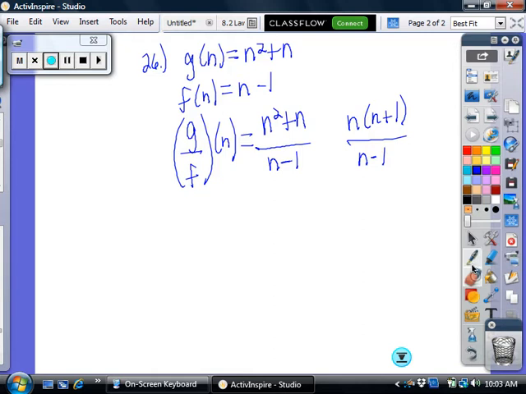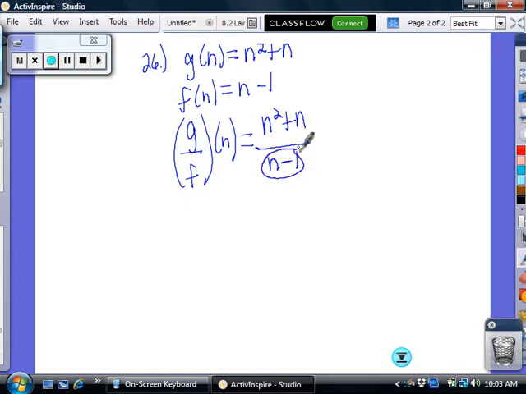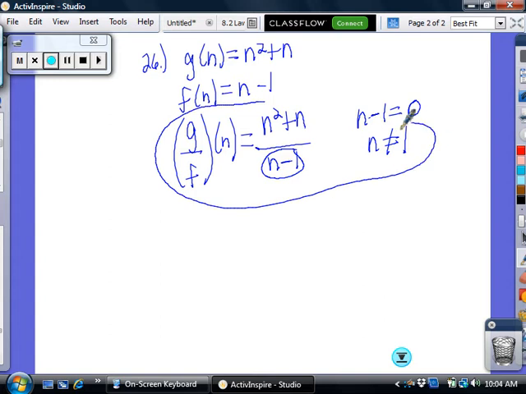But since they do not cancel each other out, then I can just leave it like this. I have to set a restriction because I cannot divide by 0. So I set this equal to 0 to find out what it cannot be, and n cannot be 1 because 1 minus 1 is 0. So here is my answer with my restriction though.